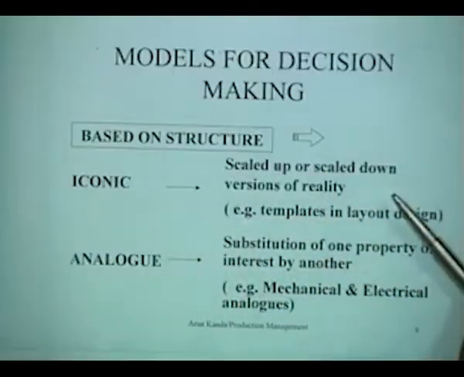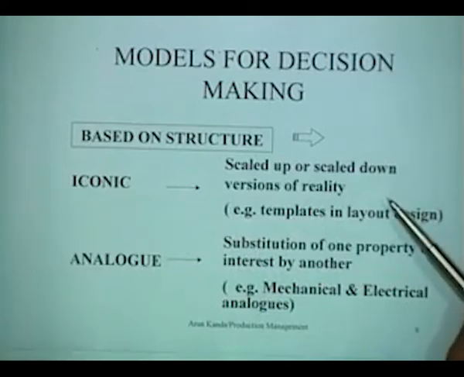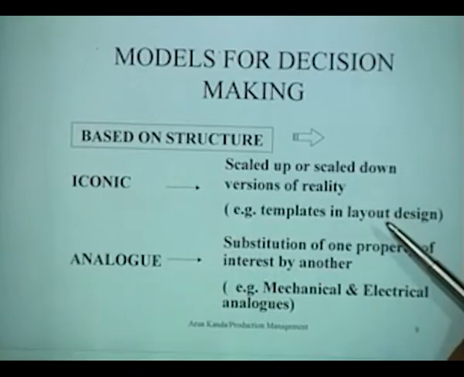So remember that iconic models are just scaled up or scaled down versions of reality, and they give us an understanding. But the major problem with these models for decision making is that they are not robust enough. You cannot keep on changing the model parameters, because you will have to construct a new globe and a new model of the atom every time, and therefore their usage for decision making is limited.